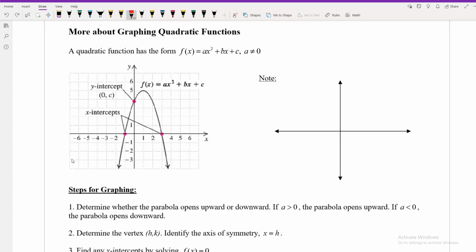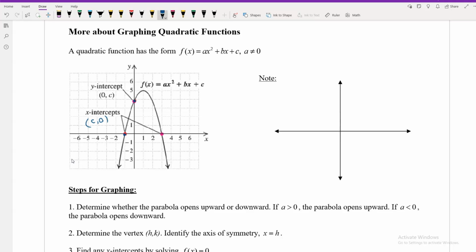So here on this part we have y-intercept and x-intercept. The y-intercept is the point where our graph crosses the y-axis, and the x-intercept is the point where our graph crosses the x-axis. The y-intercept is (0, c), based on what we have for y, and the x-intercept is (c, 0).